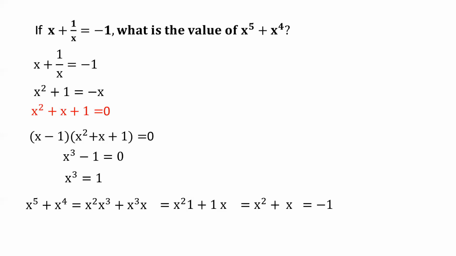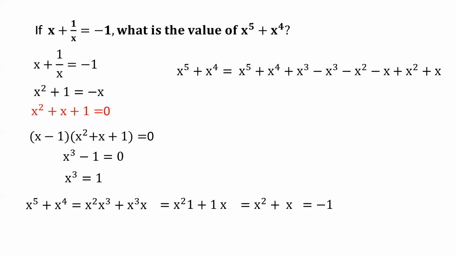But there is also another tricky, fun, and maybe a little bit easier way of solving this. In that method, I start with the expression x to the power 5 plus x to the power 4, and then I strategically add and subtract certain terms.